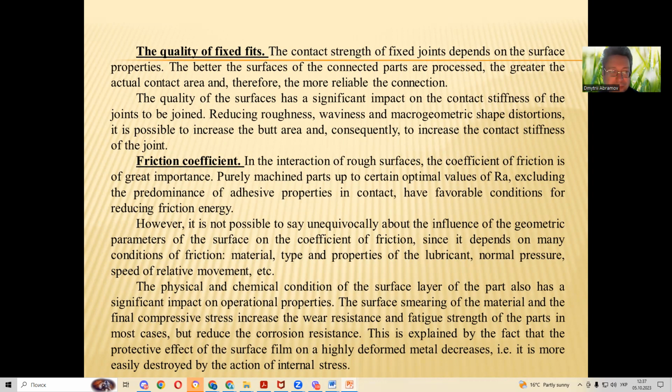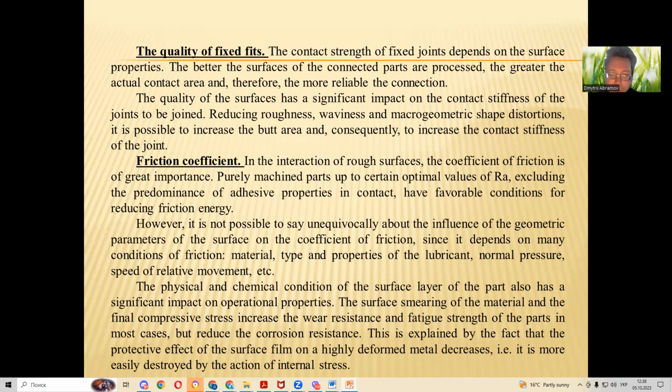Friction coefficient. In the interaction of rough surfaces, the coefficient of friction is of great importance. Parallel machine parts up to certain optimal values of Ra, excluding the predominance of adhesive properties in contact, have favorable conditions for reducing friction energy.